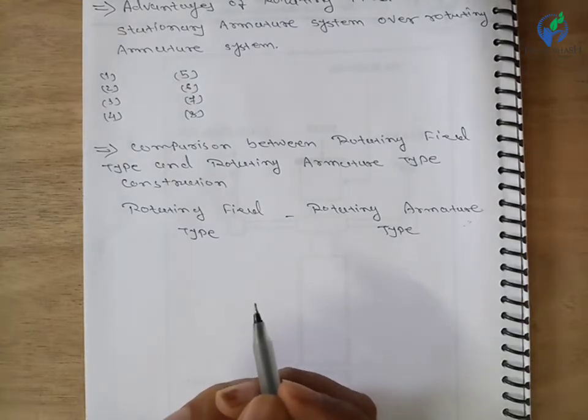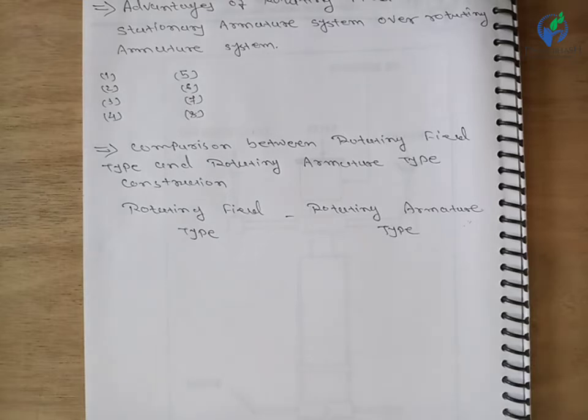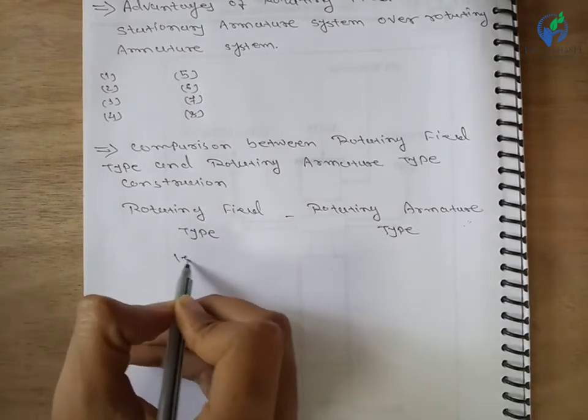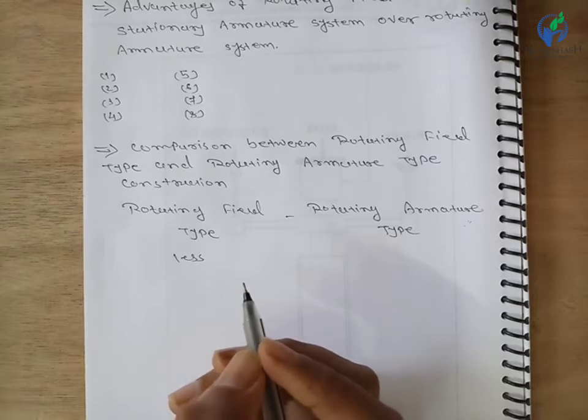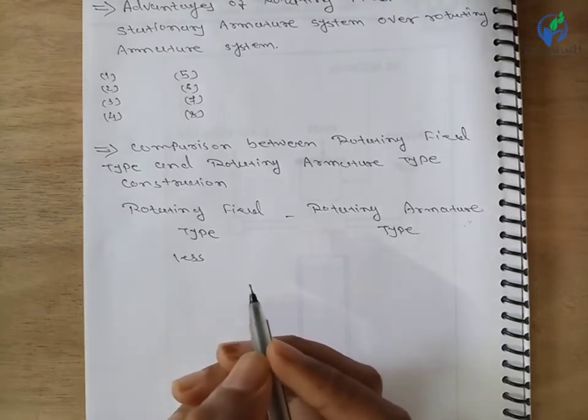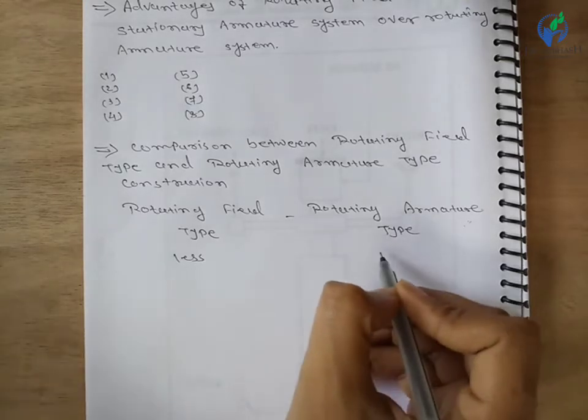The first point we can consider is rotor weight and inertia. The rotor weight and inertia of the rotating field type machine is less, while the rotor weight and inertia of the rotating armature type machine is more.